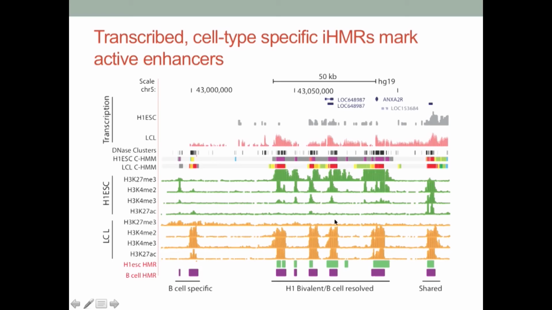Whereas in the B cells, this locus becomes active, meaning you lose H3K27 trimethyl and you gain acetylated H3K27. So that's an example of changes that can happen between the stem cell and the differentiated cell. And here's one that's completely shared in all aspects between the two.